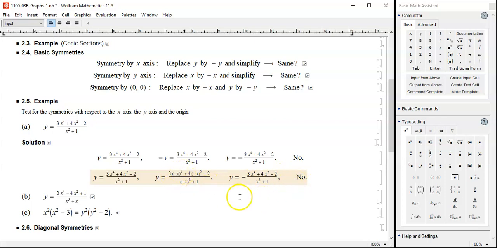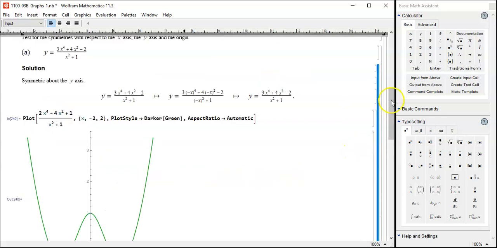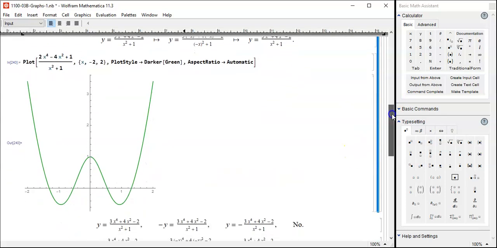Negative x to the fourth power, it's even power, so disappears. And negative x squared, that 2 is even power, so negative disappears. Negative x squared, again negative disappears. Did you end up with the same thing as before? Yes. And of course, go back to this picture, and yes, symmetry by the y-axis.